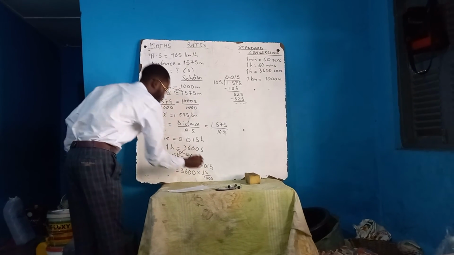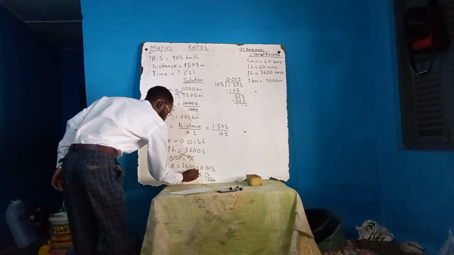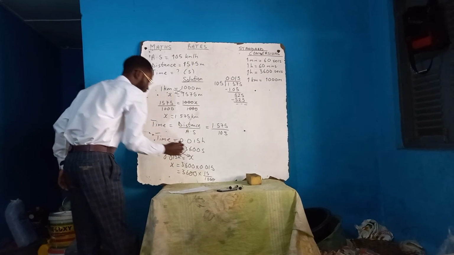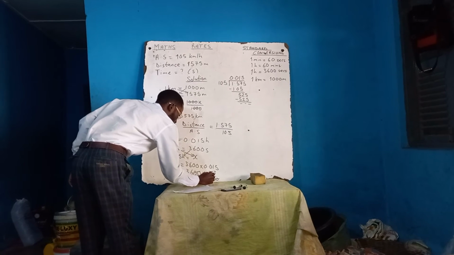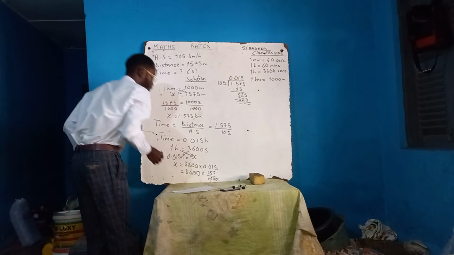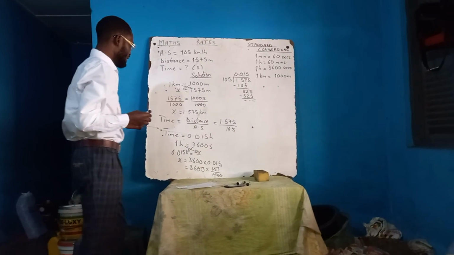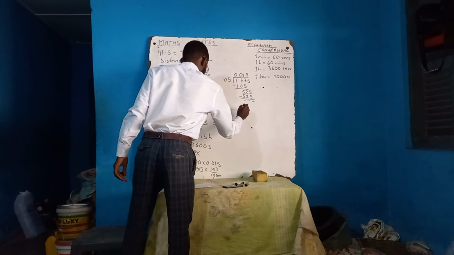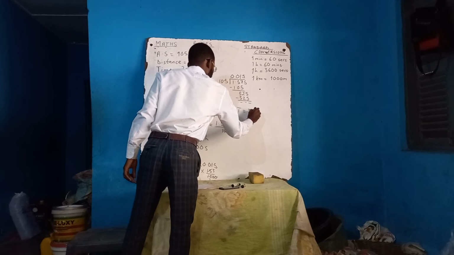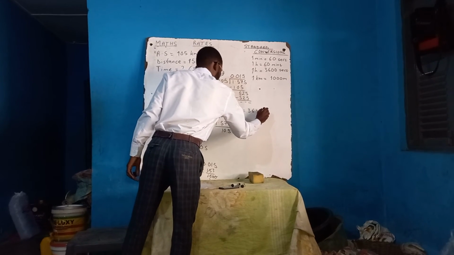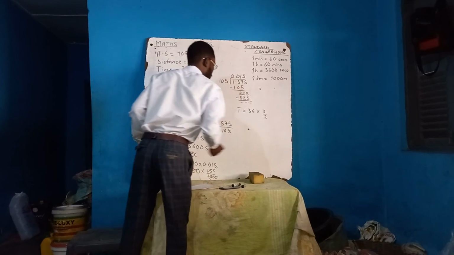So we have 2 zeros cancels 2 zeros, and then 5 goes into 15 3 times, and it goes into 10 twice. So rewriting our remaining values, we are going to have our time is equal to 36 times 3 over 2.